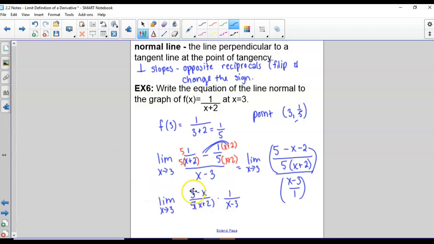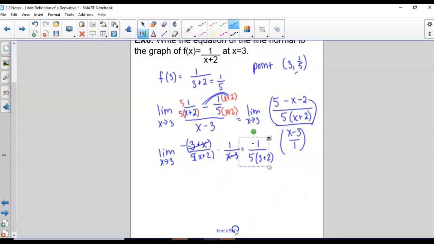So, Liliana, what could I do there to get the 3 minus x and the x minus 3 to cancel? Factor out a negative. So if I take out a negative, that gives me the negative x plus, so these will cancel. And I will get negative 1 over 5 times, I'm going to go ahead and plug in the 3 here, 3 plus 2. So I would get negative 1 over 25.